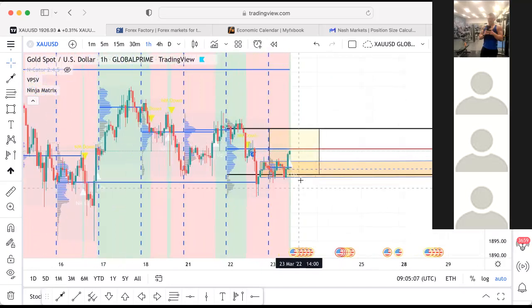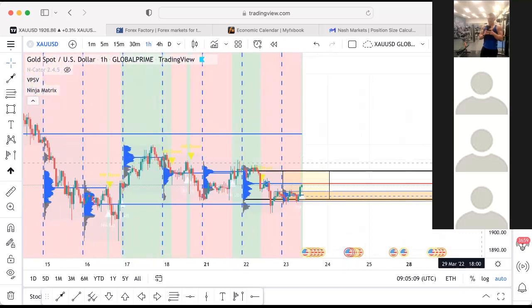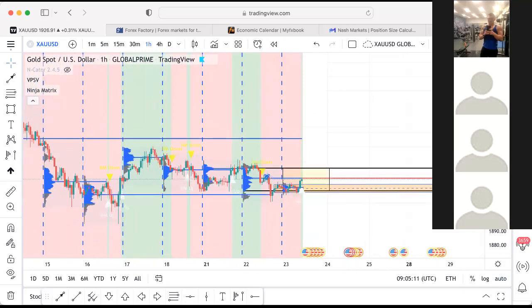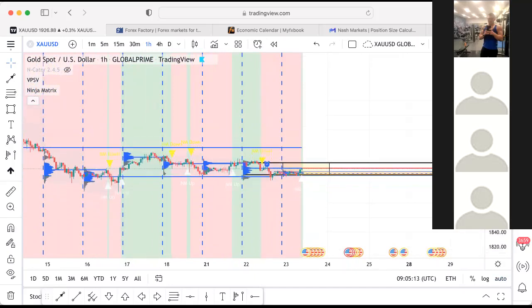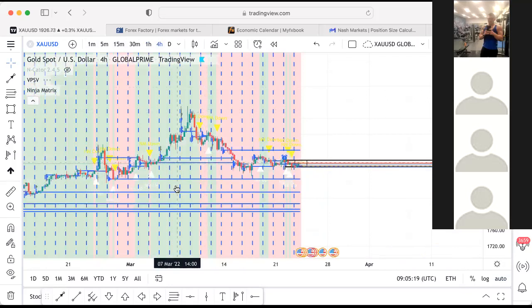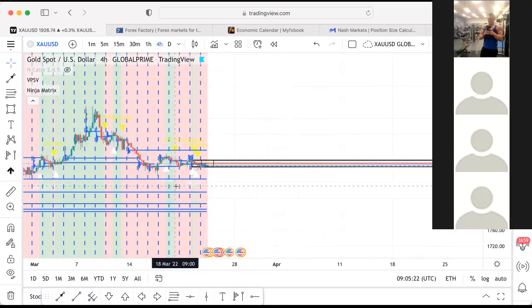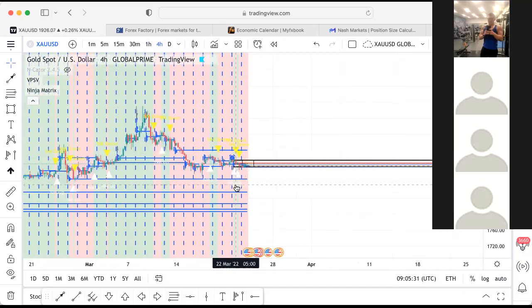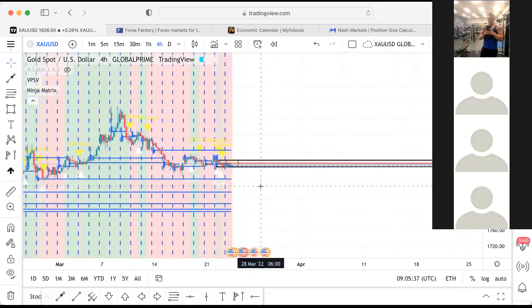And if we look at what went on earlier, we should find that there was an outstanding point of control further down. Yes, there is one there. So that one was the one we just looked at, going back to the 14th of March, and there's one below, which is going back to the 24th of February, sitting there waiting to be taken out.